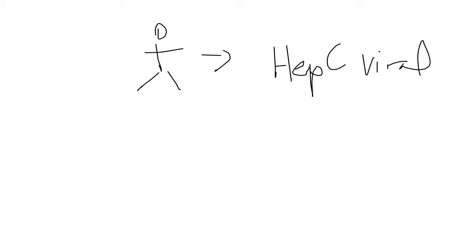So someone who's in the clinic with Hep C or hepatitis viral infection, right? You don't know, is it maybe an acute infection or a reactivation of a chronic infection?